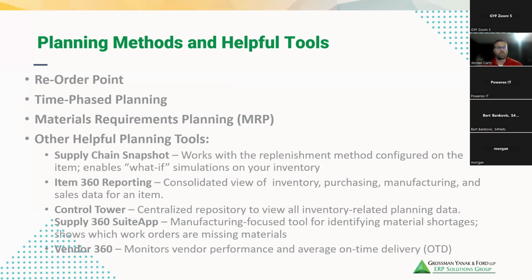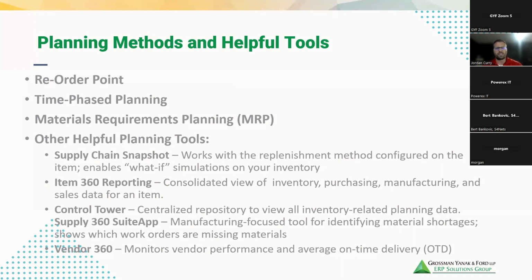Additionally, you have the Item 360 report, which is a very nice consolidated view of inventory, purchasing, manufacturing, and sales data, kind of consolidating and putting all that information in one place. The control tower, that's a nice overall view. Okay.